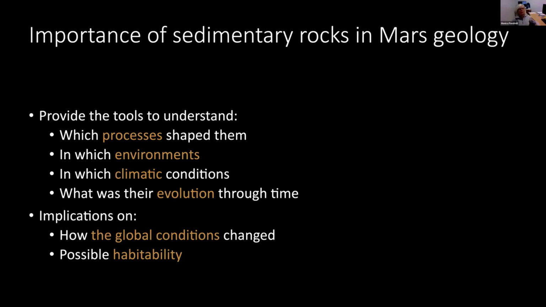Sedimentary rocks and processes are important on Mars because by understanding which processes shape them, in which depositional environments, we can sort of understand the climatic conditions. And if we are lucky enough to observe a succession of these deposits, we can also observe an evolution through time of these environments, which in turn reflects how the global conditions changed through time.